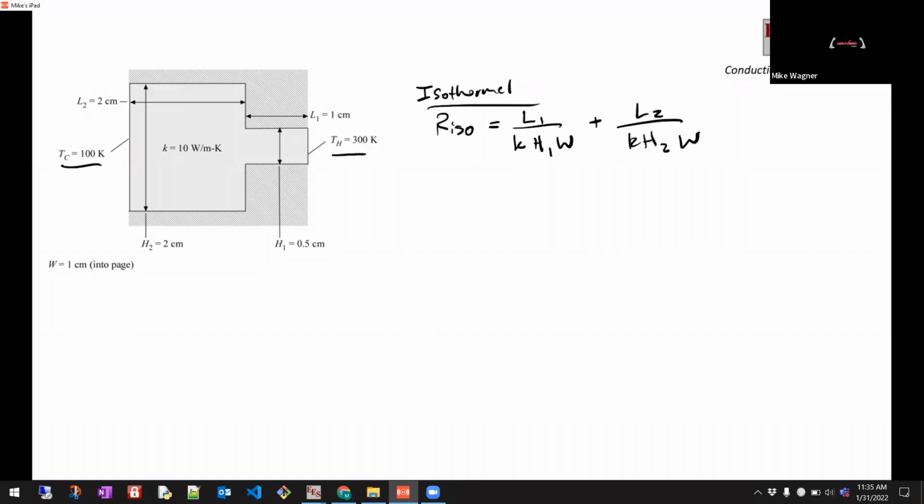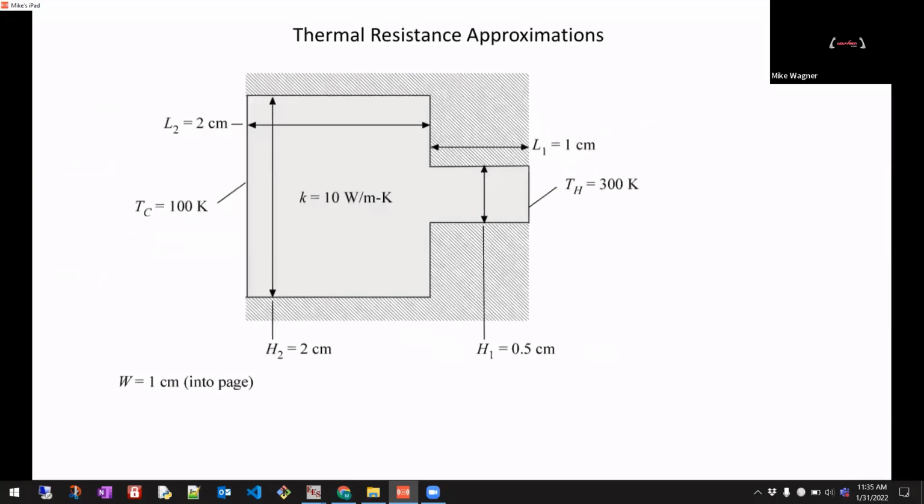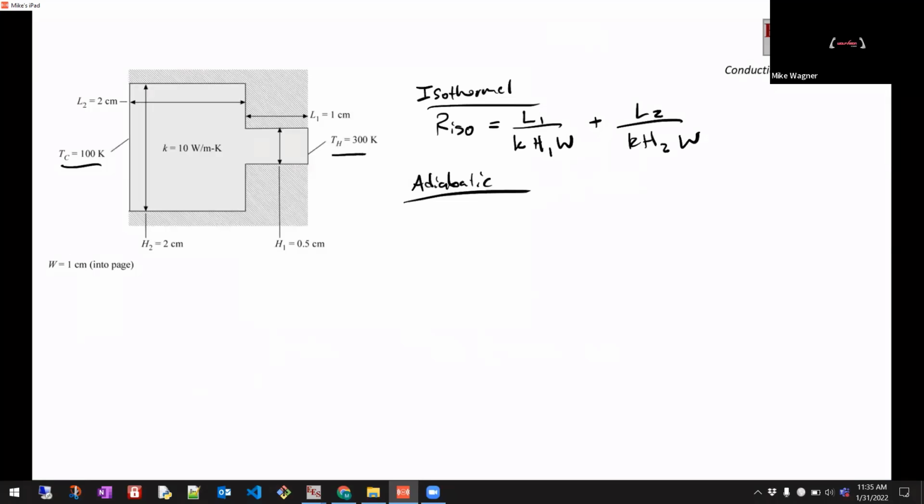All right, the other approach would be the adiabatic limit. As you can guess, our adiabatic is now L1 over K, H1 times W plus L2 over K, H1 times W, right?